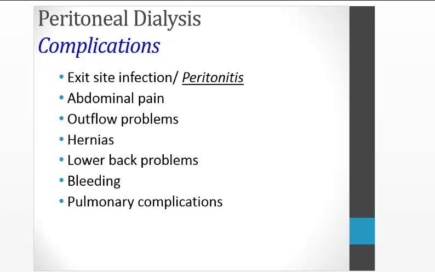And then pulmonary complications is something you might not think about too much, but if you spend some time thinking about the pathophysiology, when the peritoneal dialysis fluid enters into that peritoneal space, it is space occupying. Sometimes the amount of fluid put into the peritoneal cavity is up to 3,000 milliliters. So if we put about 3,000 milliliters of fluid into the peritoneal cavity, it will displace the diaphragm and the expansion of the lungs.